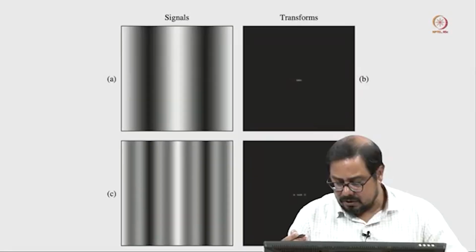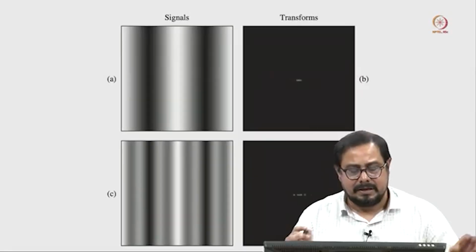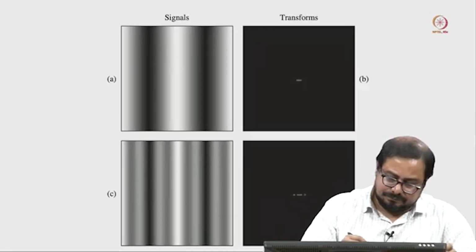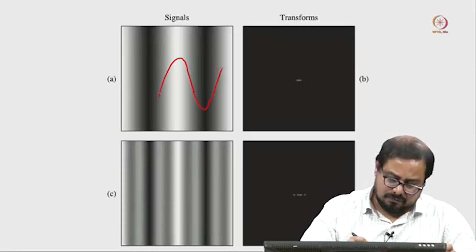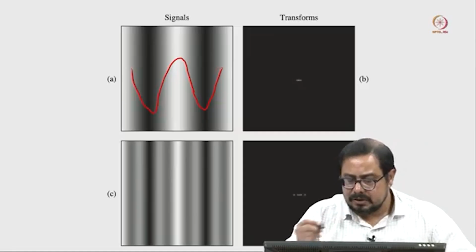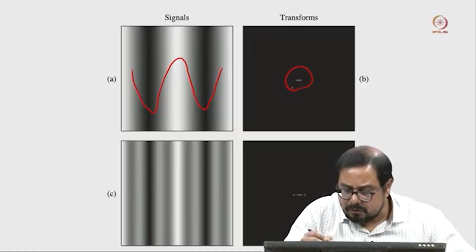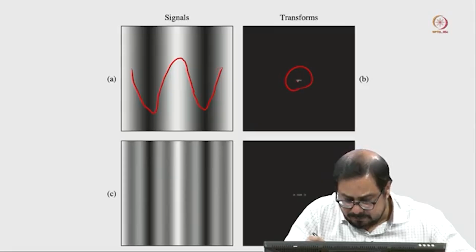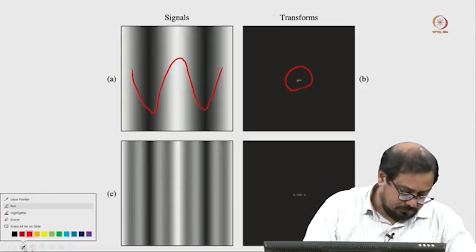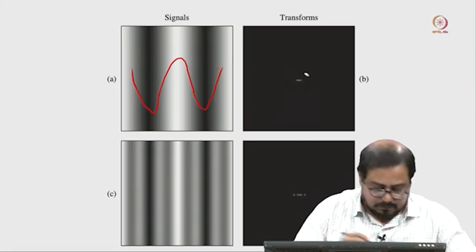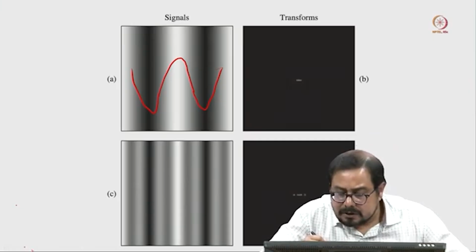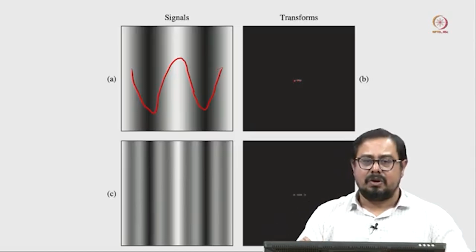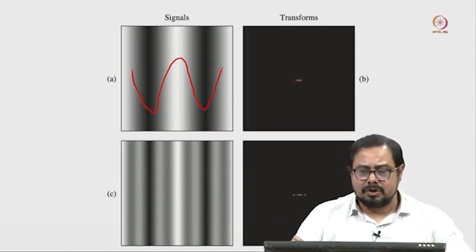Okay, this is a more complicated example I am giving. All are moving in the same direction. Here this is one up, this is one down. If you look here, you can see one bright spot at the center, and then in the very nearby area you can get two other spots.